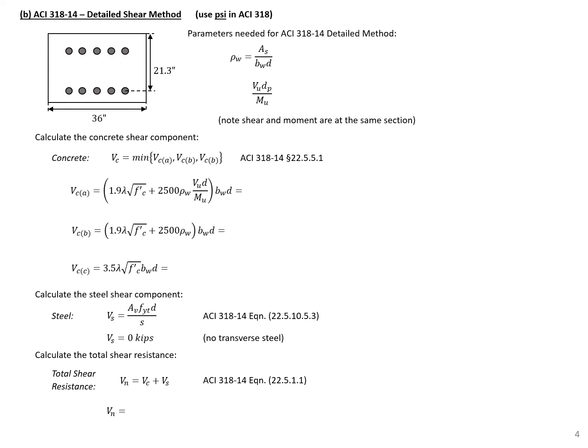We'll next find our shear capacity using the ACI 318-14 detailed shear procedure. For ACI 318-14, we will need our rho W, and this rho W is the area of our tension steel, which in this case is our 5 number 11 bars, so 1.56 square inches, divided by our BW, which is 36 inches, times our D here, which is 21.3 inches, which gives us a value of 0.0102.